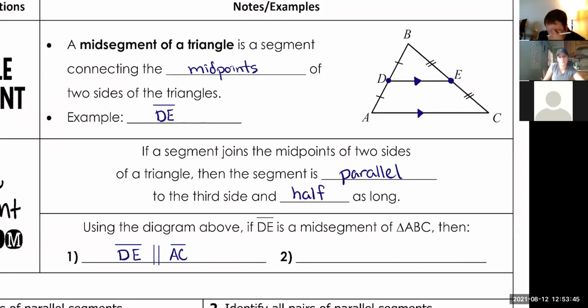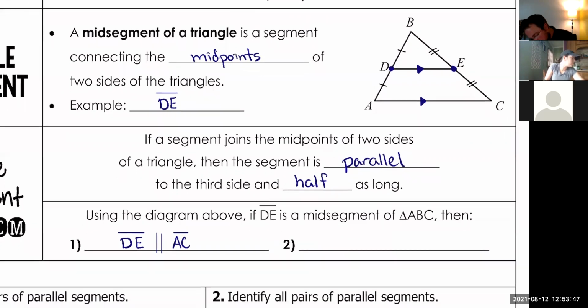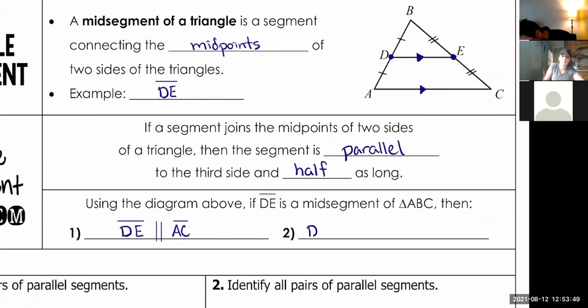Second thing we could say is that DE, there's two ways we could write this, that segment DE is equal to half the measure of AC.